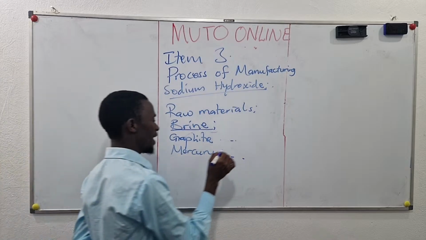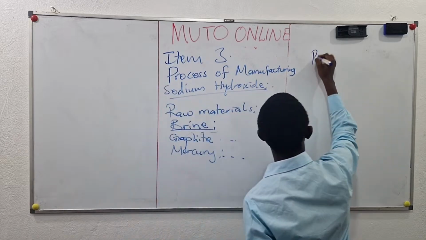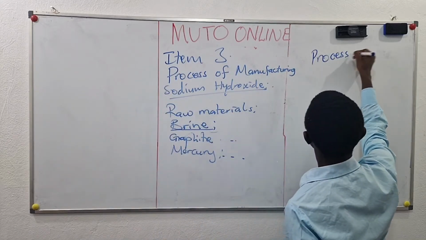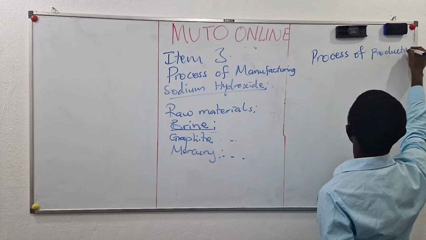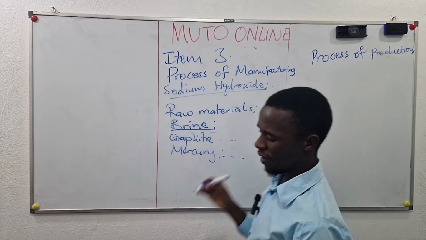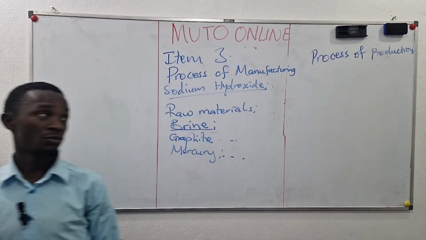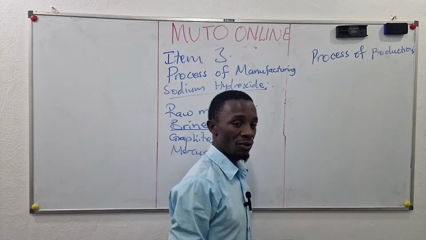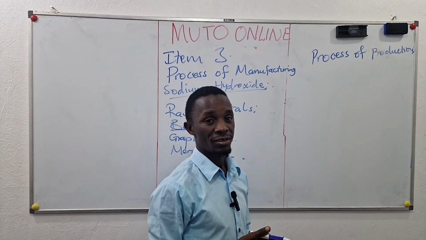Remember, as you're stating the process of production, you have to state the vessel. And we said a vessel is a container where the raw materials are converted to the desired product.